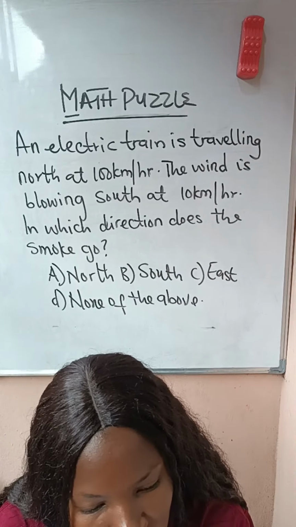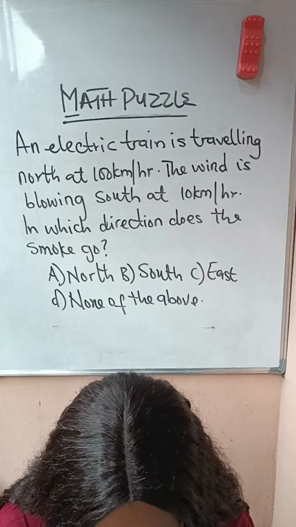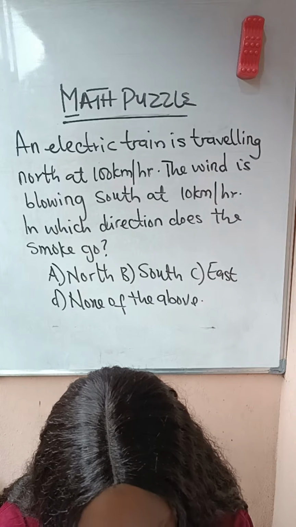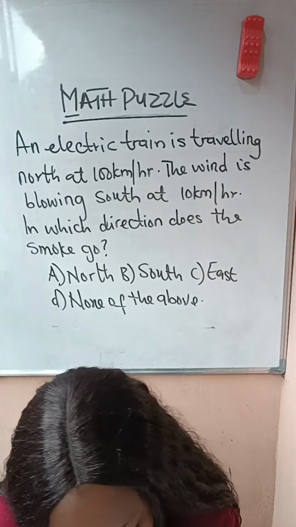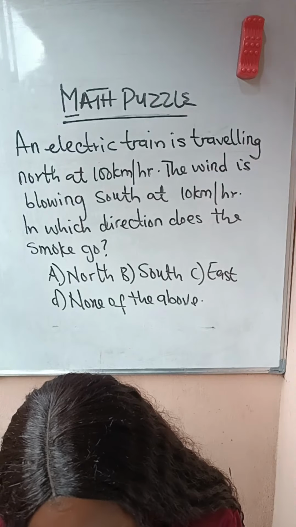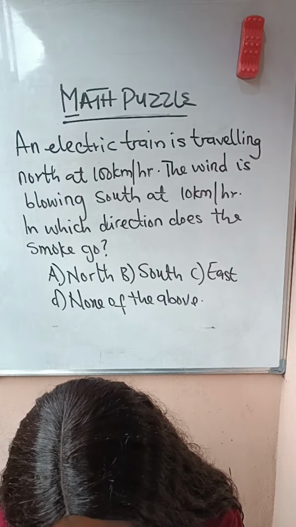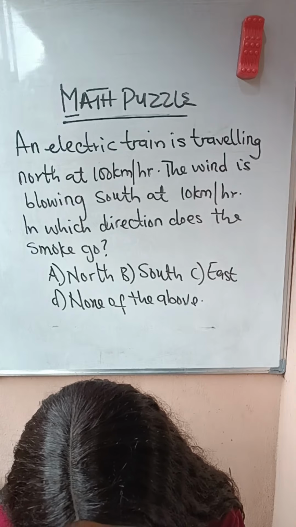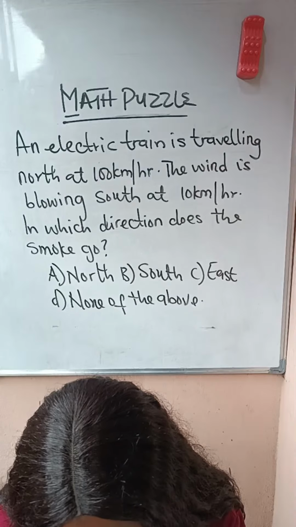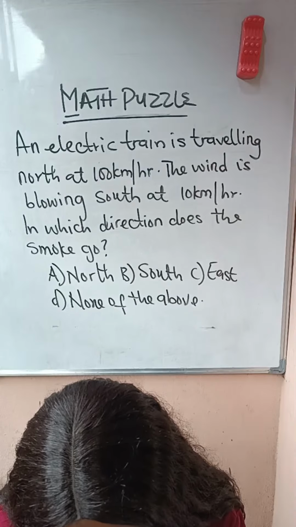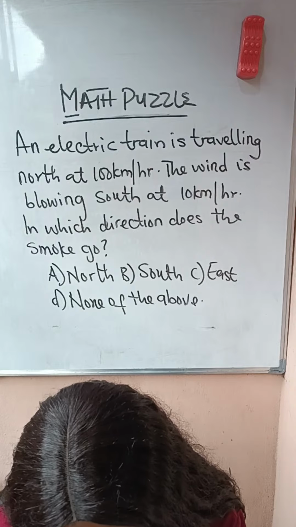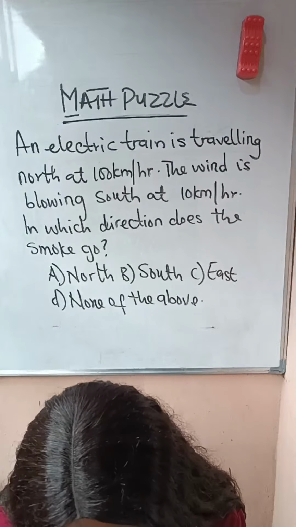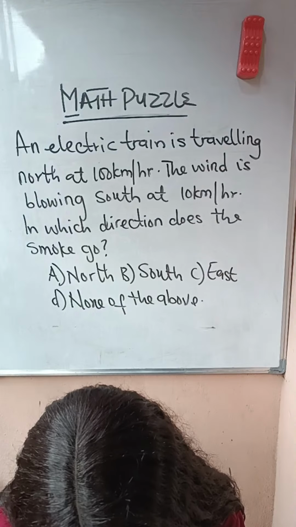The wind is blowing south at 10 km per hour. In which direction does the smoke go? I have north, I have south, I have east, I have none of the above.